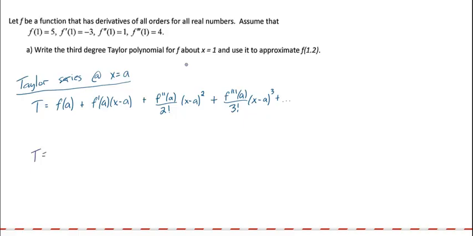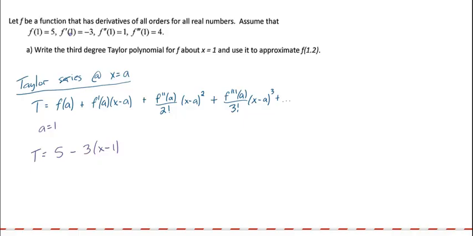T is equal to, I'll write a equals 1 because we were doing it about x equals 1. So everywhere there's an a, I'm going to let it be 1. The first thing it says is f of a. So f of 1 is 5. So I'm going to write 5 plus f prime of a. F prime of 1 is -3. So I'll just write -3, and then times x minus 1.